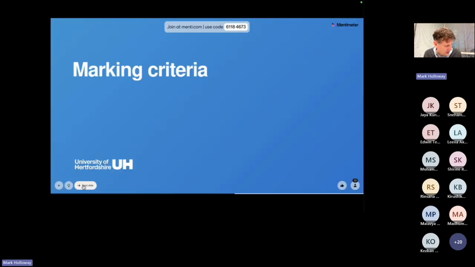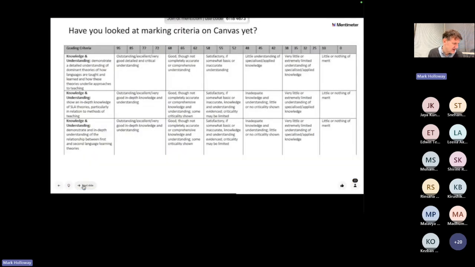I'm going to say something very briefly about marking criteria, because previously someone suggested that those numbers 1 to 7 might be the grades. That's not typically how we do things at the University of Hertfordshire. Now, any assignment that you're given at Hertfordshire, as part of the instructions, maybe in a Word document or maybe as a PDF that you're given or that's made available on Canvas, possibly at the submission point on Canvas, you should be able to see the marking criteria.